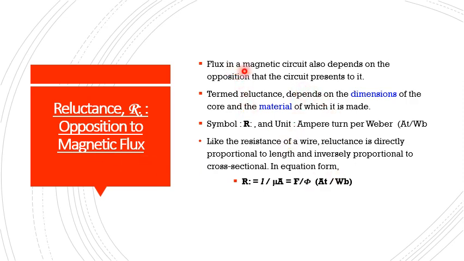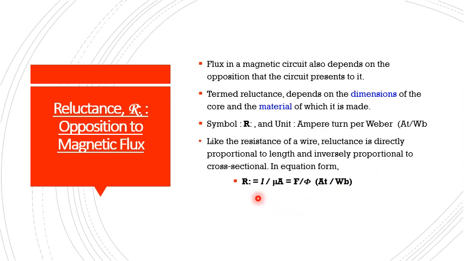The flux in the magnetic circuit also depends on the opposition that the circuit presents to it. The term reluctance depends on the dimension of the core and the material of which it is made. The symbol is R, and the unit is ampere turn per Weber.